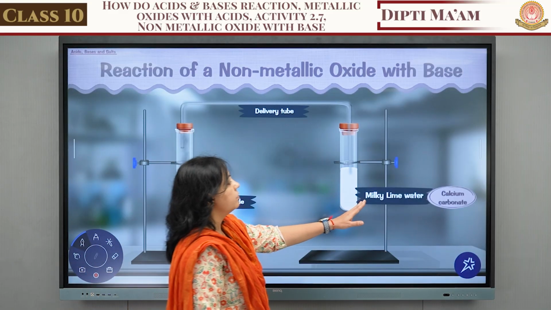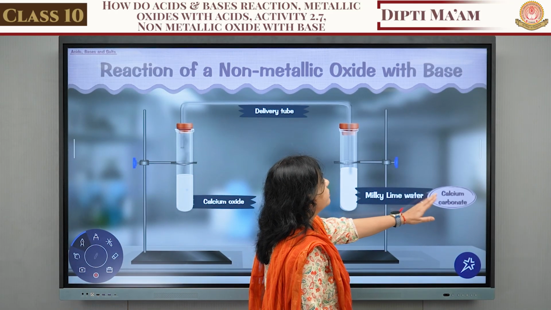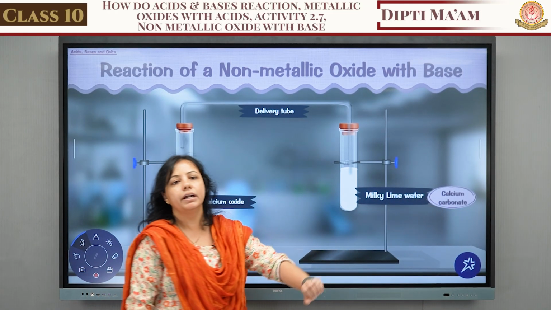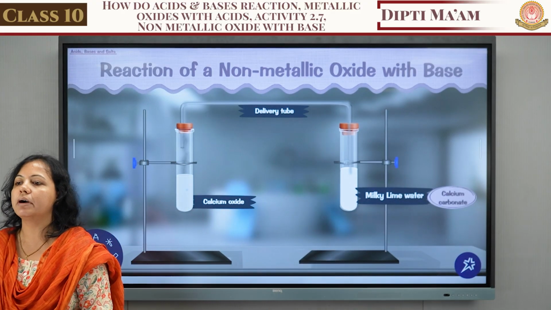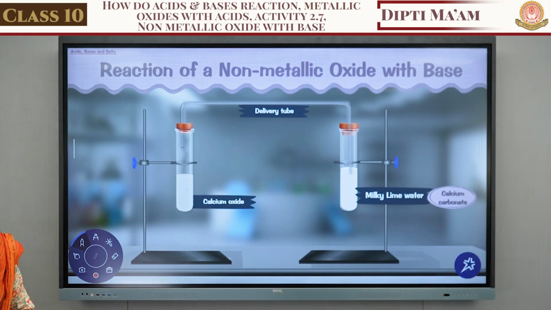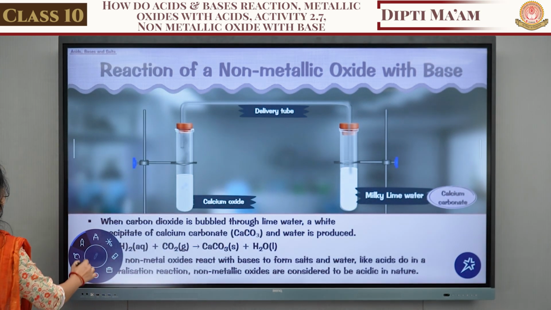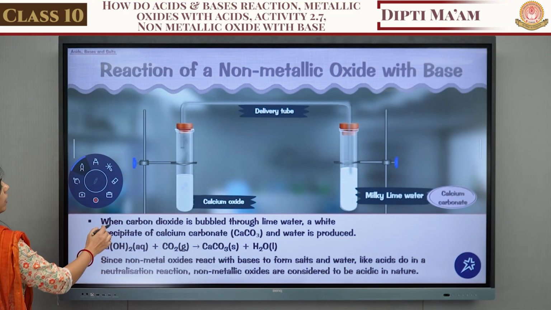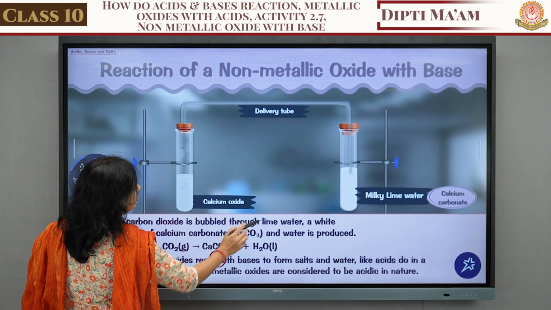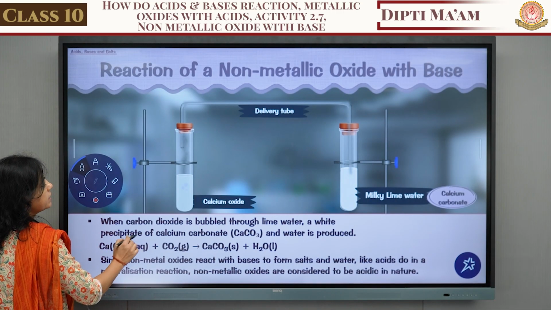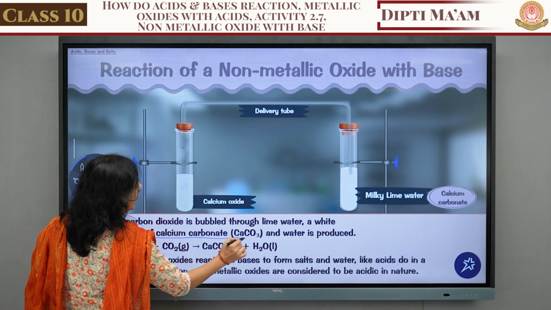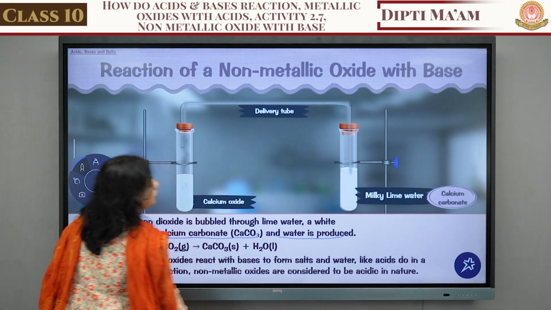This lime water turns milky and forms calcium carbonate. Formula of calcium carbonate? CaCO3. Okay. So here we can see the reaction. When carbon dioxide is bubbled through the lime water, a white precipitate of calcium carbonate and water is produced.